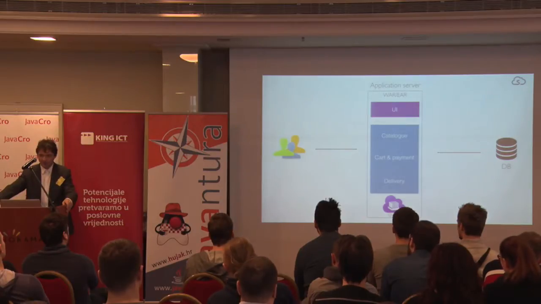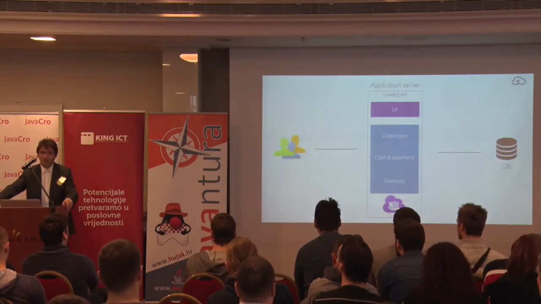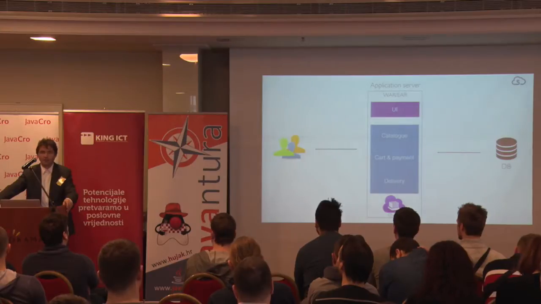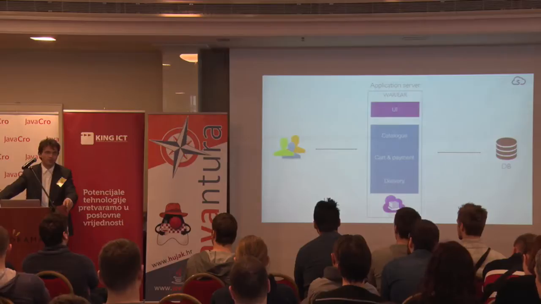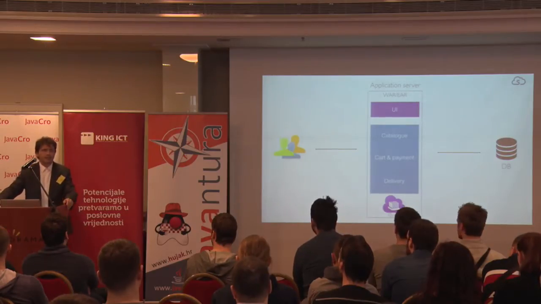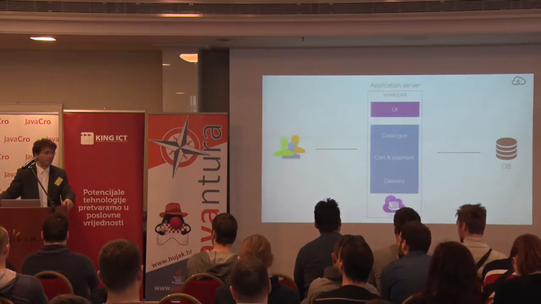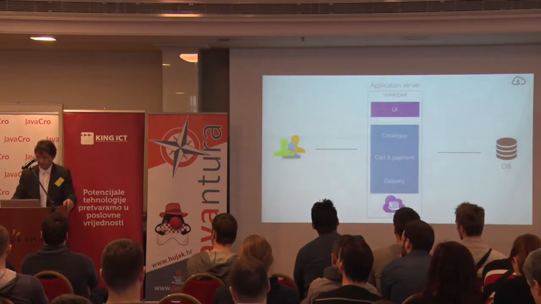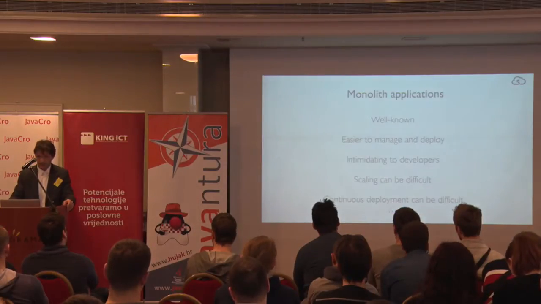We would use maybe a queue behind, a database, a front end, and we would pack the whole application as a single enterprise archive, or maybe it would consist of 1 or more web archives and several enterprise archives, and we would pack all this together into a single deployable unit, which we would put on an app server. So this is the current approach of how we develop JEE applications.